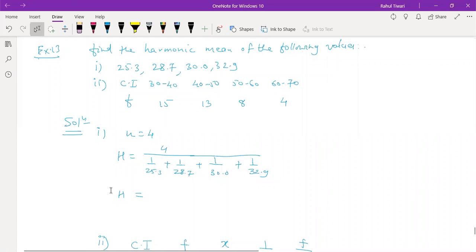What is the answer? So the first one is 28.9650, 28.9651, 9650 something like that.